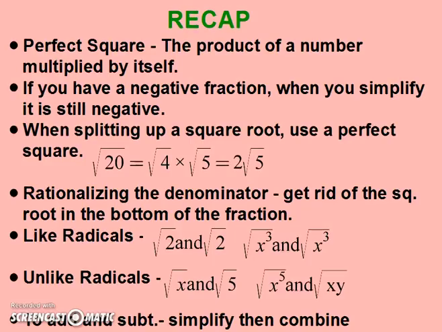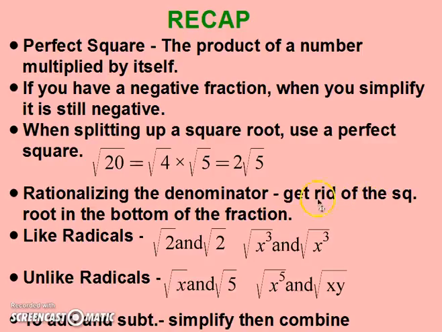And your quick recap. Perfect square is the product of a number multiplied by itself. If you have a negative fraction, when you simplify, it's still going to be negative. When splitting up a square root, use a perfect square. Makes your life so much easier. Rationalizing the denominator.